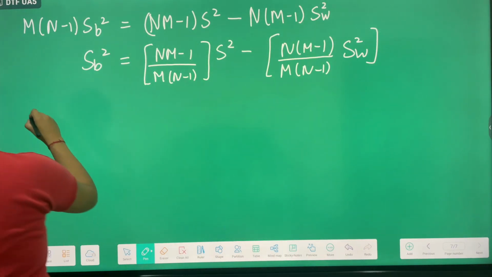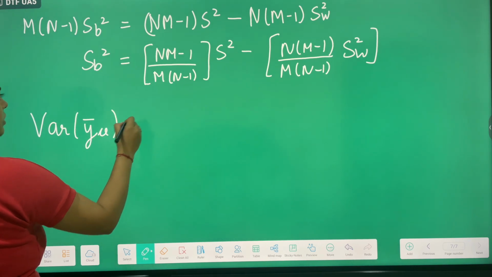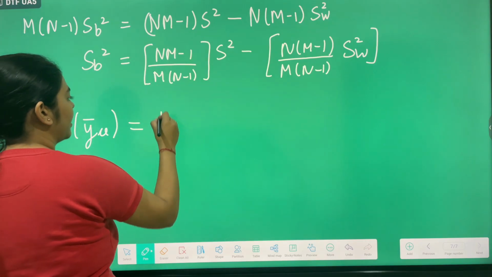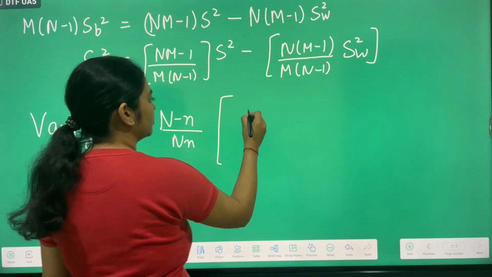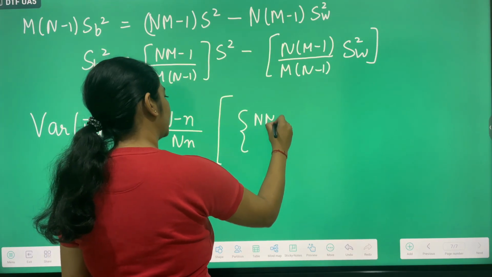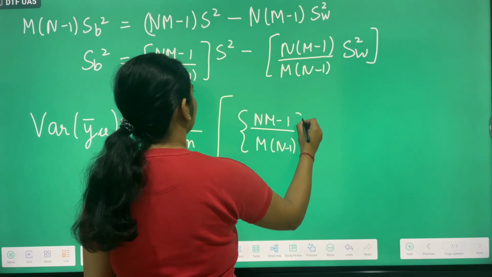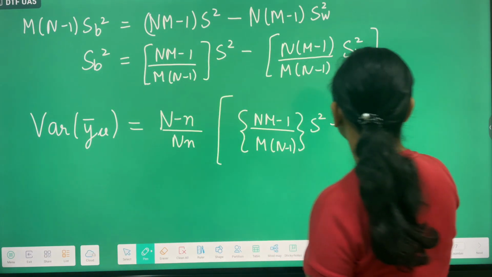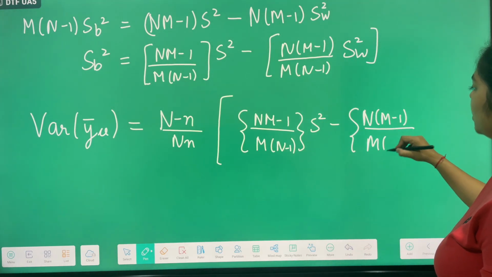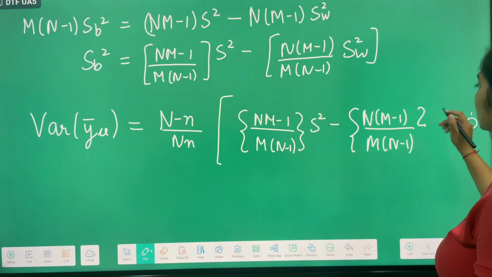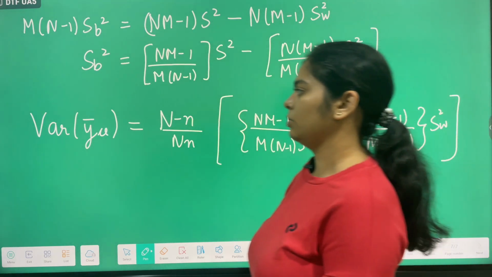So our formula for variance of y bar circular sampling is nothing but capital N minus small n upon N into NM minus 1 upon M into N minus 1 S square minus N into M minus 1 upon M into N minus 1 S_W square. This is the formula for variance of y bar CL.